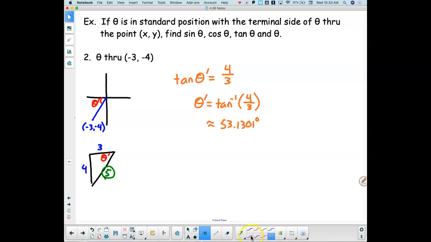But because I am in quadrant number 3, my actual theta is 180 degrees plus my reference angle. So that's going to be 233.13 degrees.